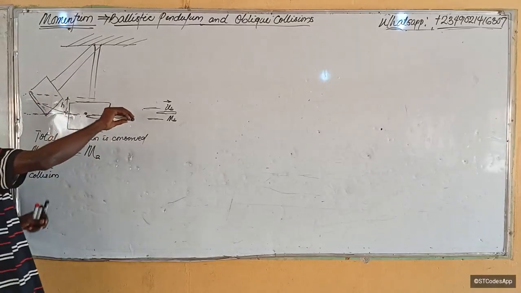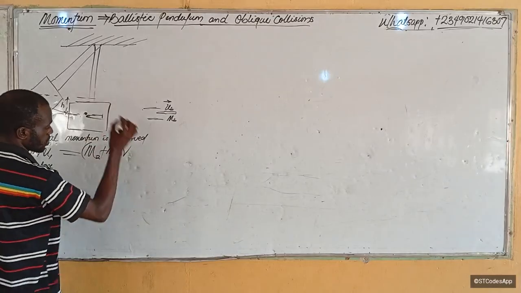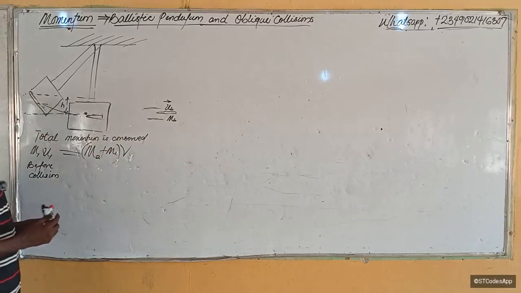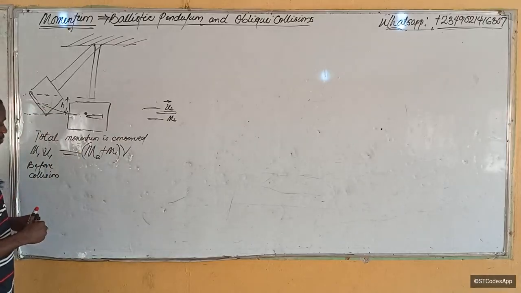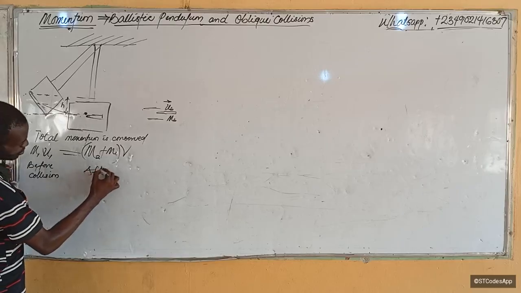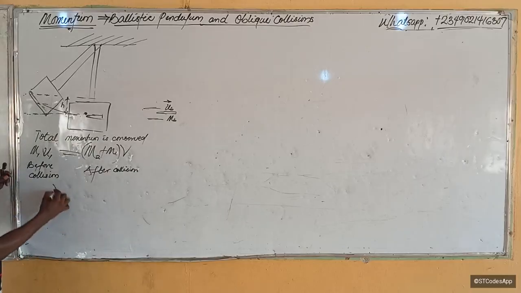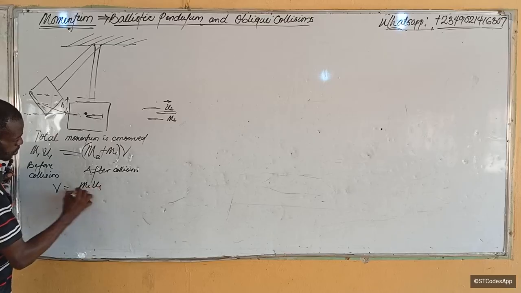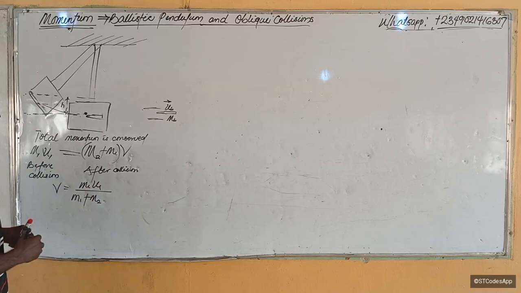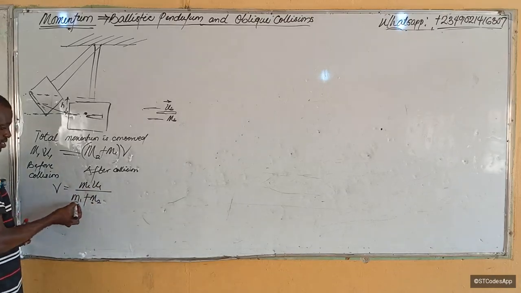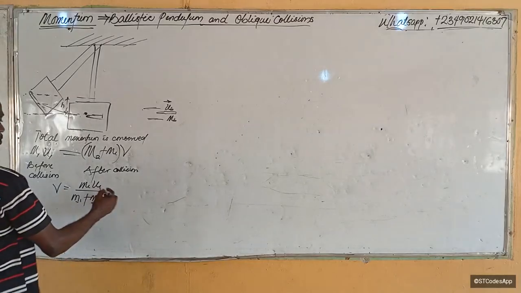So it's going to be m2 plus m1 times their common velocity V. Is it clear now? So if you want to find the common velocity, V will be equal to m1 u1 over m1 plus m2, given that m2 is the mass of the block and m1 is the mass of the bullet. Alright? So this is one equation, let's call it equation 1.